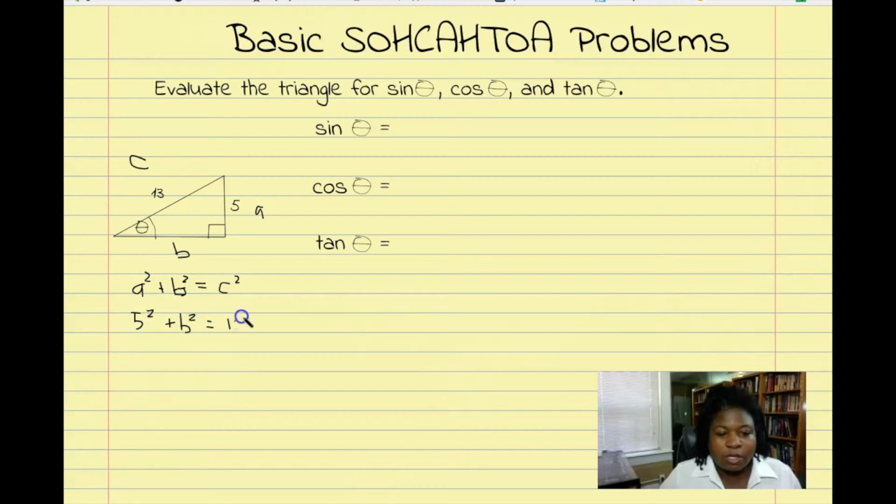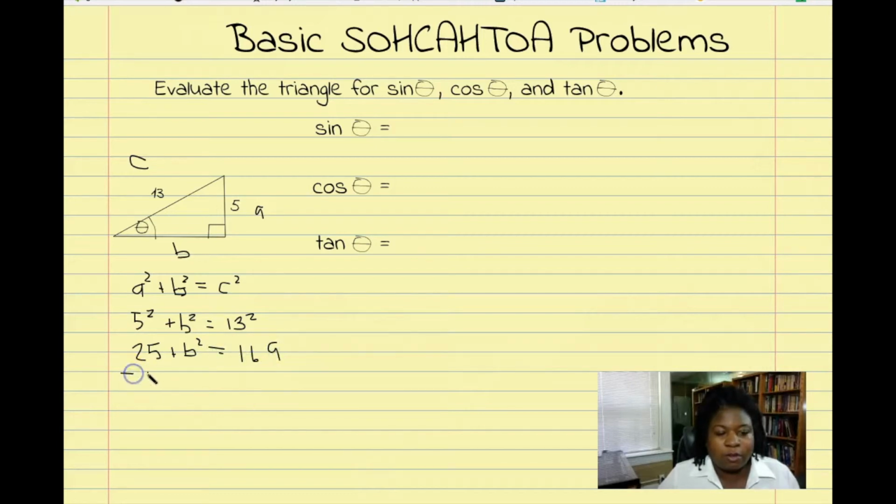So a squared would be 5 squared plus b squared, we don't know b, equals 13 squared. And then as you do the math, you get 25 plus b squared equals 169.